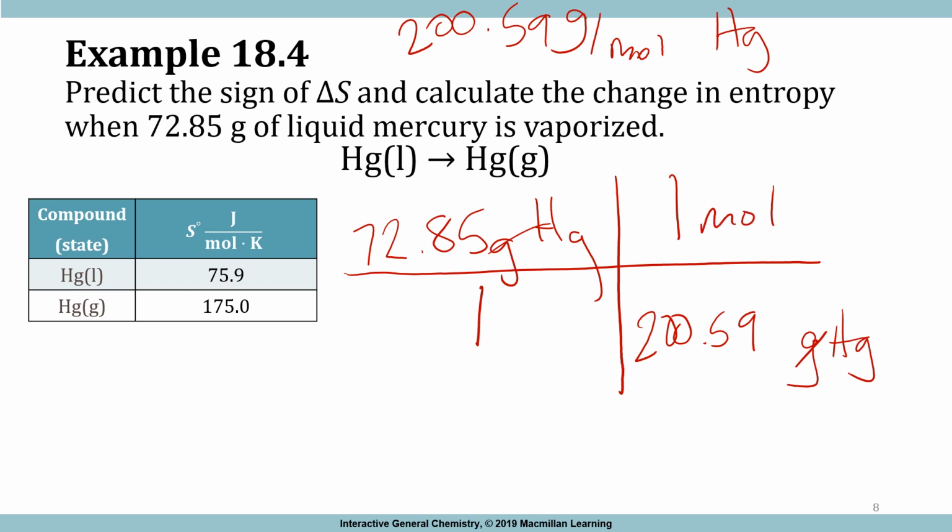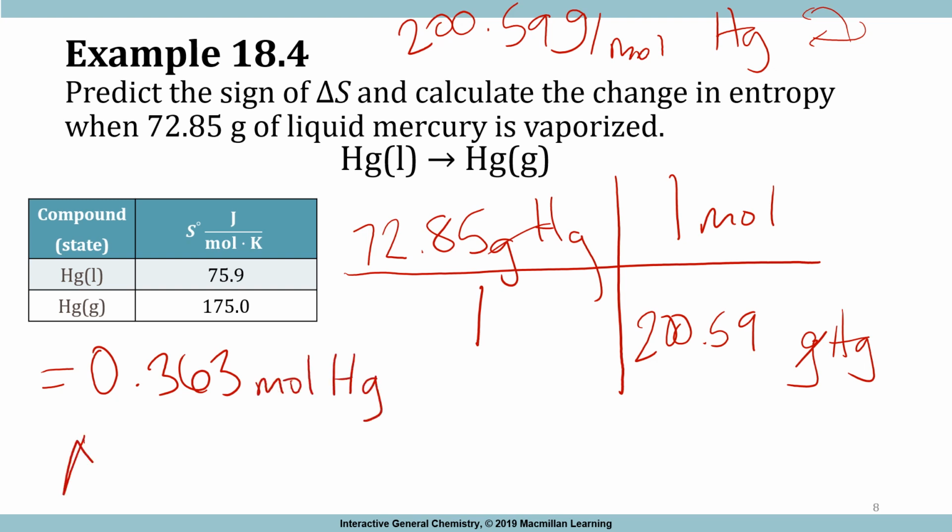So all I did was just invert the molecular weight. So that gives me 0.363 moles of Hg.